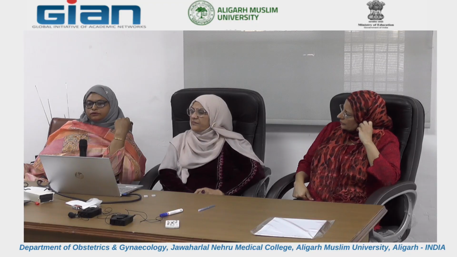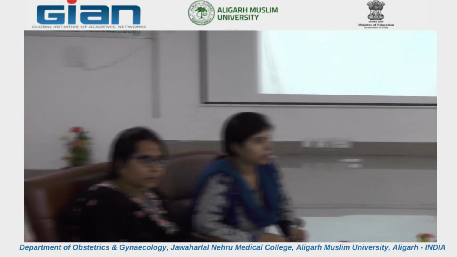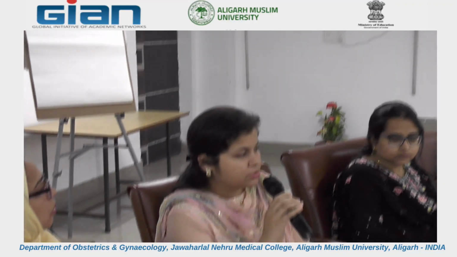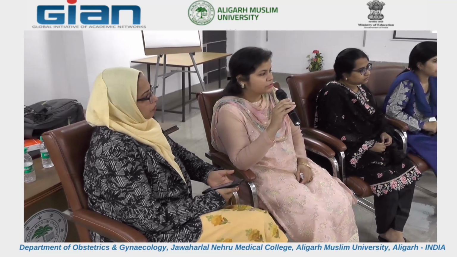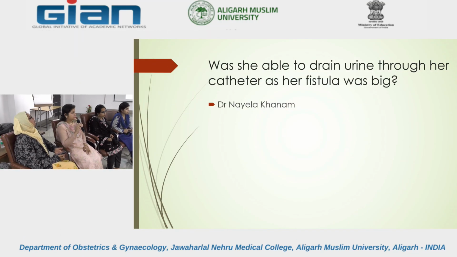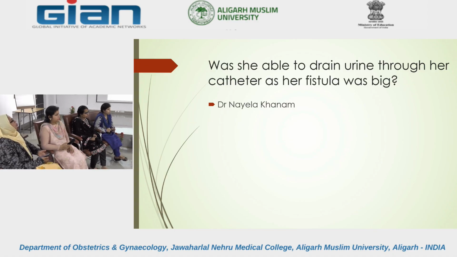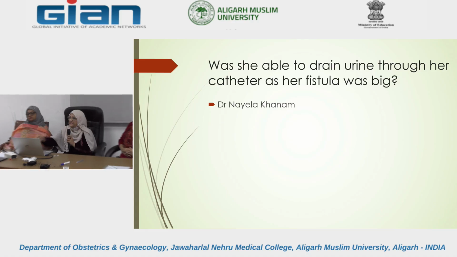Dr. Naila, was she able to drain the urine through her catheter as her fistula was drained? No, ma'am. She was not draining urine completely through the catheter because the size of the fistula was large and there was more than one fistula present. Was any amount of urine coming in the urobag, or all of it was leaking?